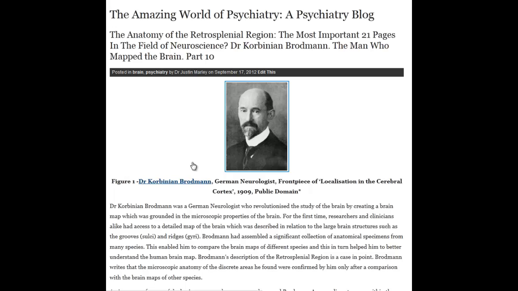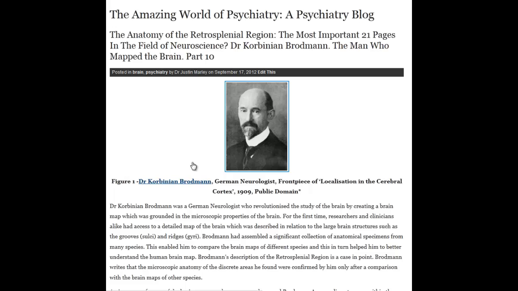For the first time, researchers and clinicians alike had access to a detailed map of the brain, which was described in relation to the large brain structures such as the grooves, that's the sulci, and the ridges, that's the gyri.